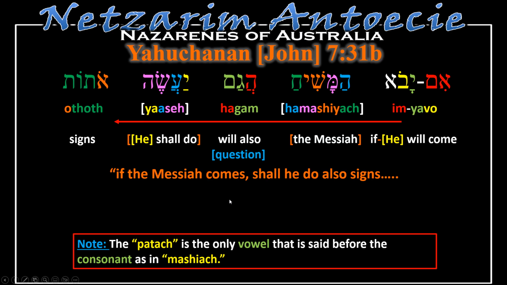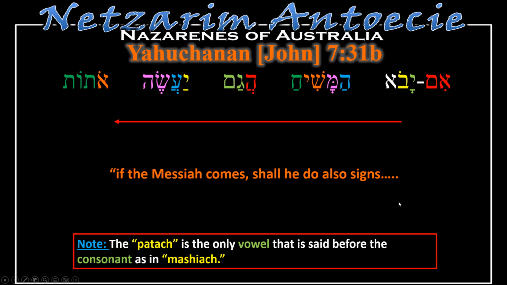If the Messiah comes, shall he do also signs? And I've given you a note, the patach is the only vowel that is said before the consonant, as in Mashiach. See, so we notice that the vowel there is said before the chet.